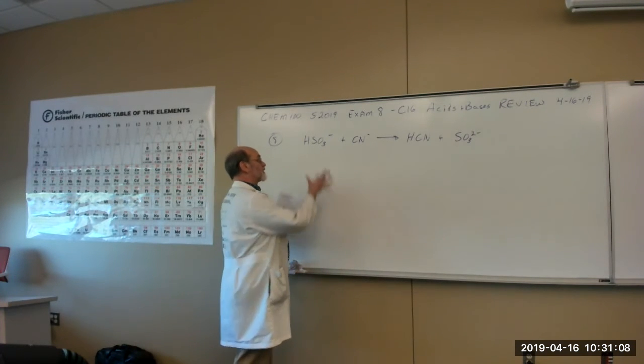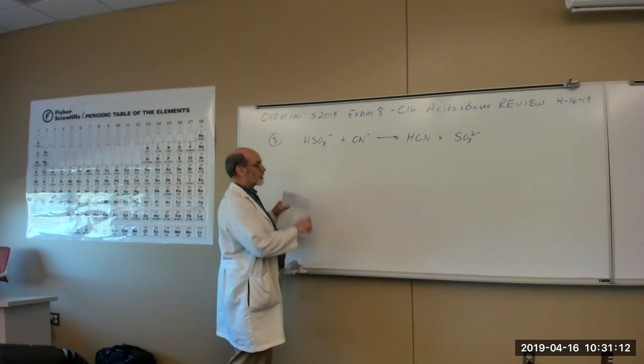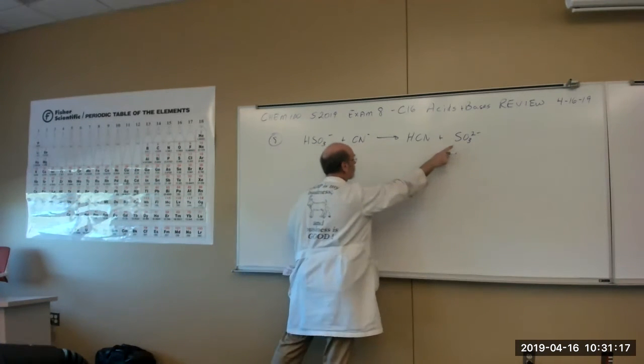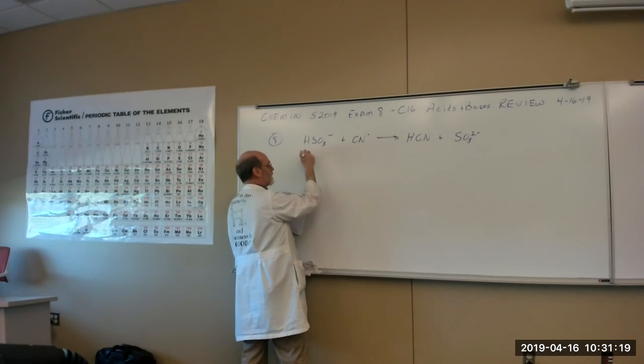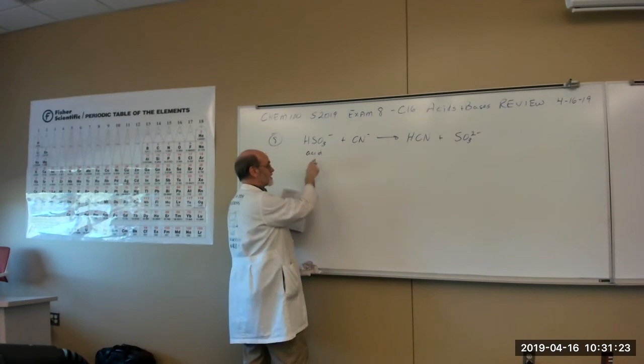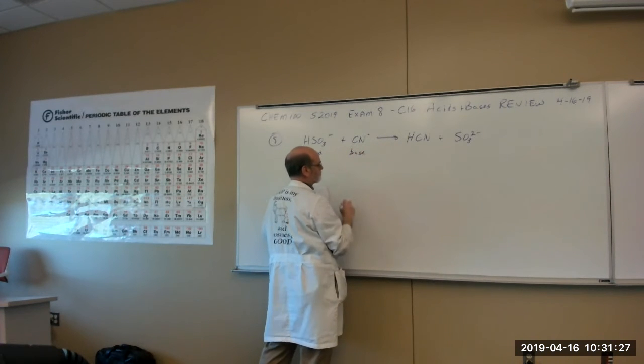Which one on this side is the acid? Well, you look to the other side and see which one's missing the proton. That one's missing the proton, so it had to come from here. That makes this the acid. And if that's the acid, this one has to be the base.